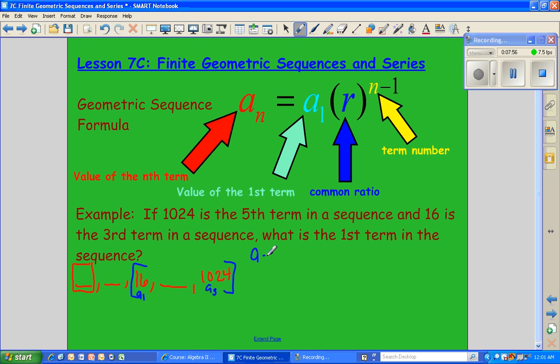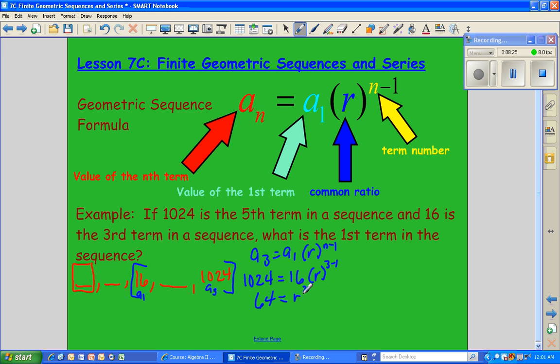And so if you know a sub 3 is equal to a sub 1 r to the n minus 1, so we're going to say 1024 is equal to 16 times r to the 3 minus 1 power. So divide each side by 16. You're going to get the 64 there.